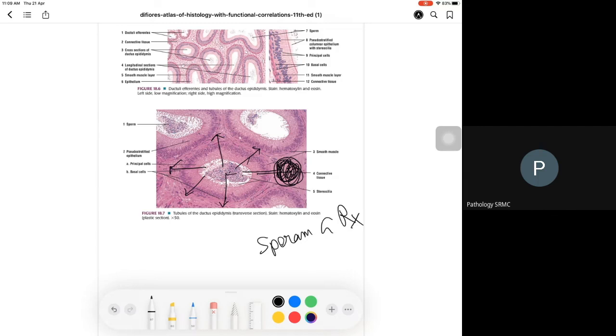There are four hypersensitivity reactions: 1, 2, 3, 4. Types 1, 2, 3 are antibody mediated, whereas 4 is cell mediated. Whenever you have a cell mediated hypersensitivity reaction, they will produce granulomas. Whenever you see granuloma, you have to see whether it is necrotizing or non-necrotizing.